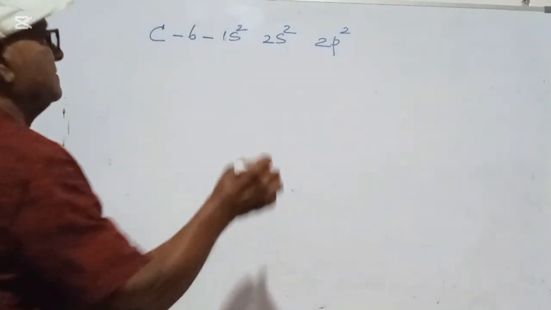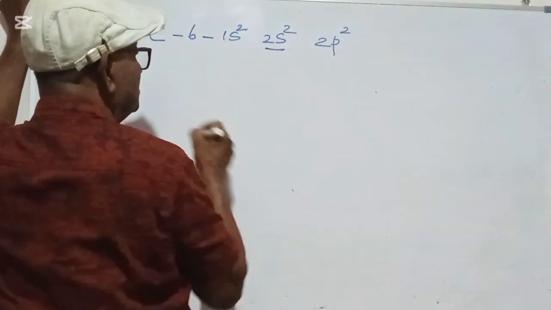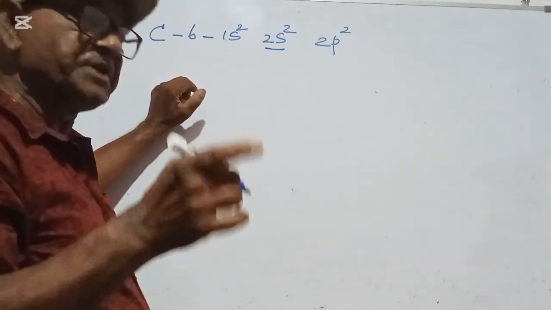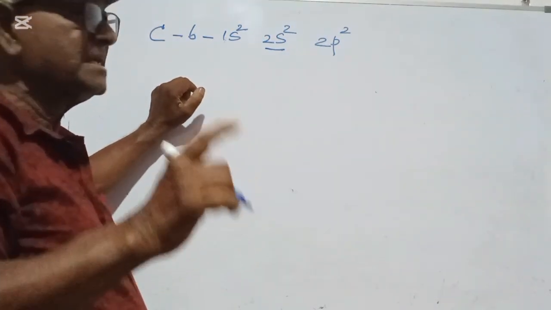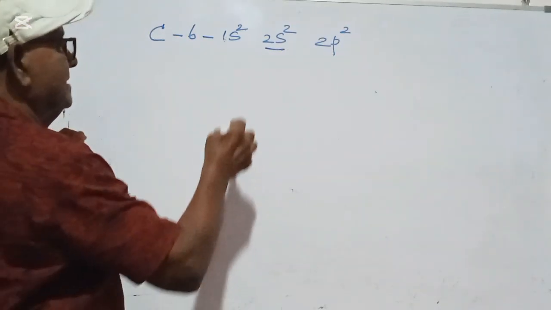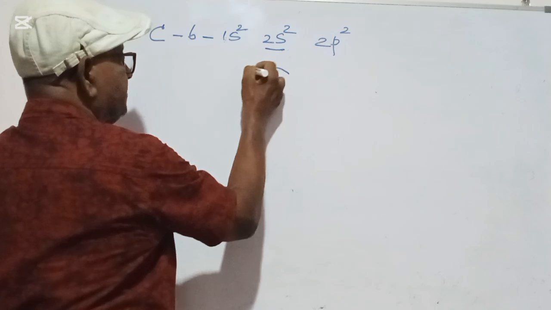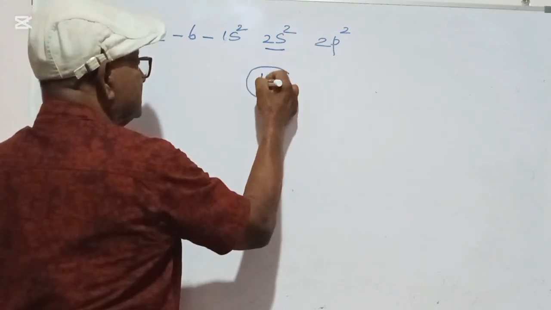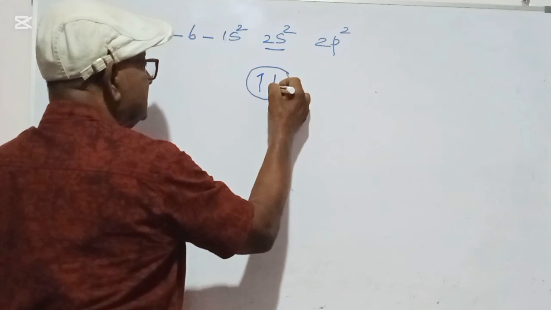The second energy level, 2s2. You know that orbitals have shapes. What is the shape of the s orbital? Spherical. So it is a spherical orbital. It has 2 electrons. It is filled.